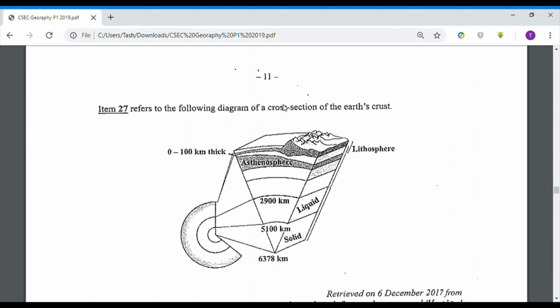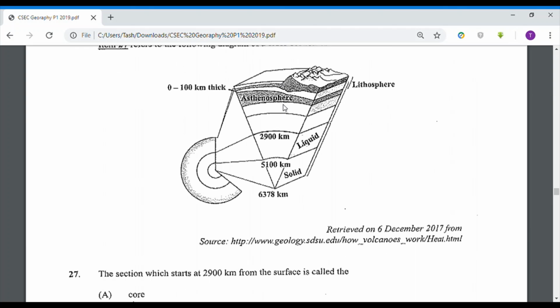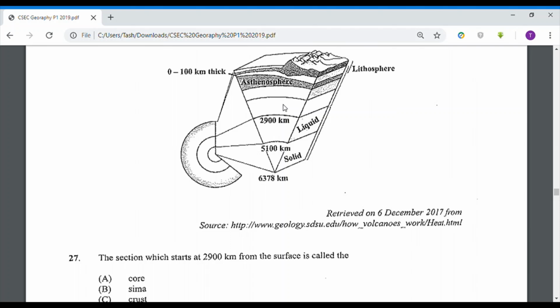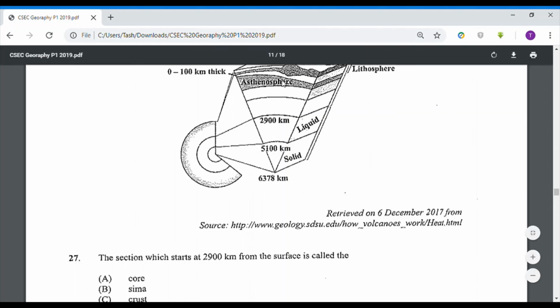Number 27 refers to the following diagram of a cross-section of the Earth's crust. So the section which starts at 2,900 kilometers from the surface is called, and it gives you the options. So we're looking for 2,900 kilometers from the surface.